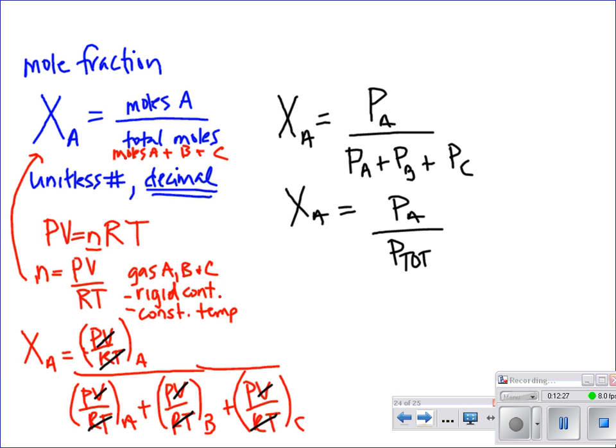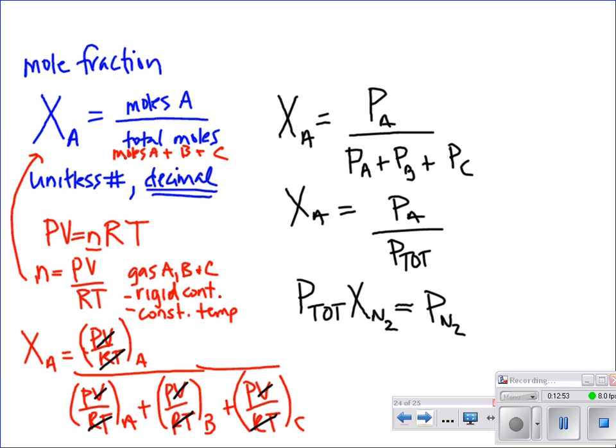Okay? That doesn't seem like it's a big deal, but here's where it's important. This is kind of going into something called Dalton's law, which we'll cover more later. If you have a total pressure of the classroom, and I wanted to say, hey, what's the partial pressure of just nitrogen in this room? You could take the total pressure of the classroom, multiply it by the mole fraction of nitrogen, and get the partial pressure of nitrogen.